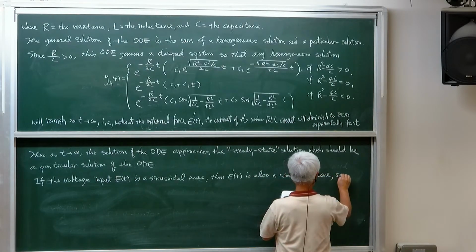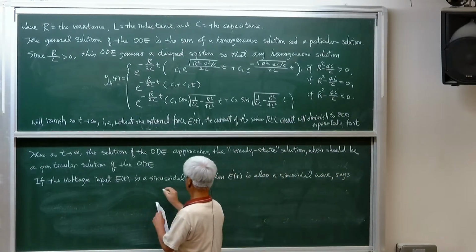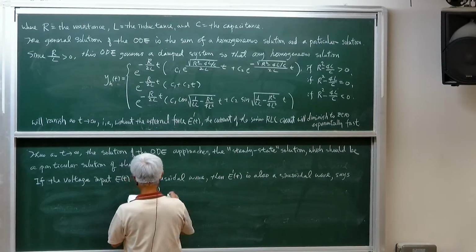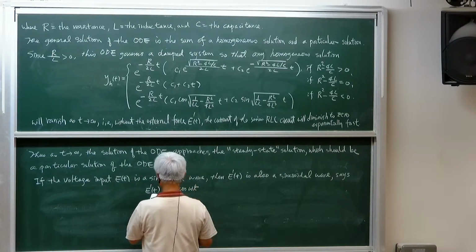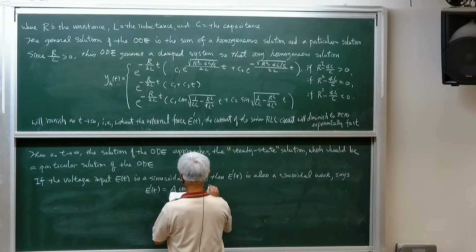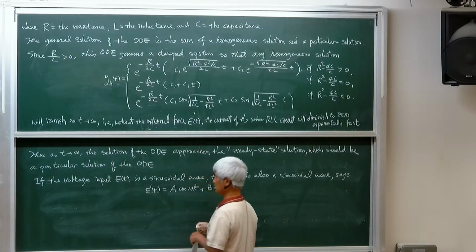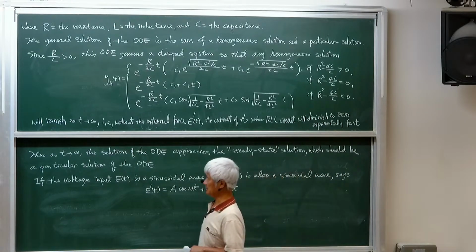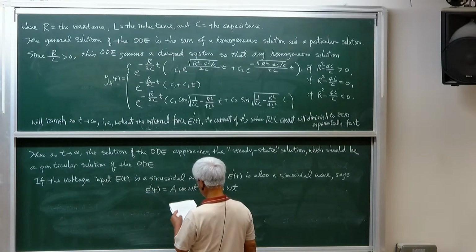So we say that E prime of t as a sinusoidal wave is A cosine omega t plus B sine omega t. Omega is just the angular frequency of the sinusoidal signal.